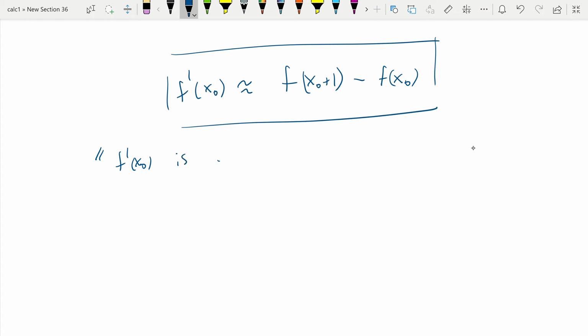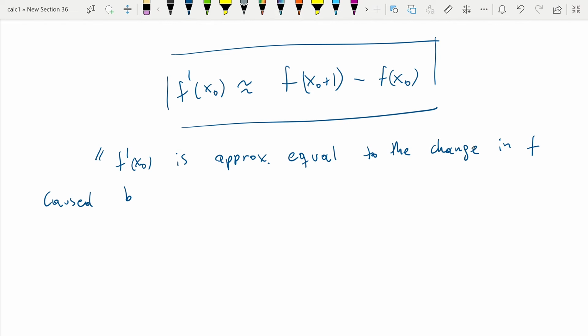F prime of x naught is approximately equal to the change in the cost by a 1 unit change in x, at the point when x is equal to x naught.